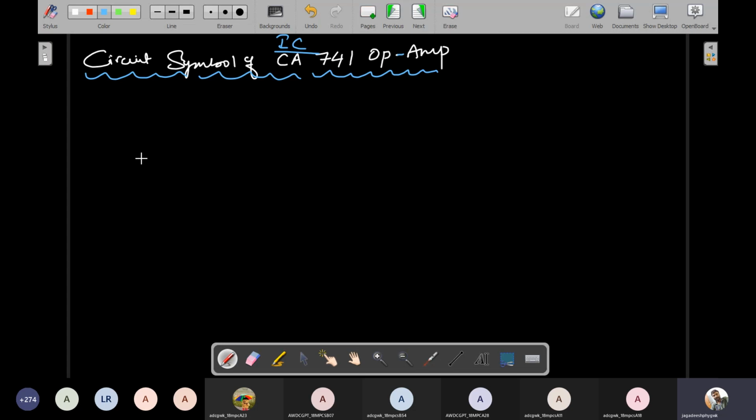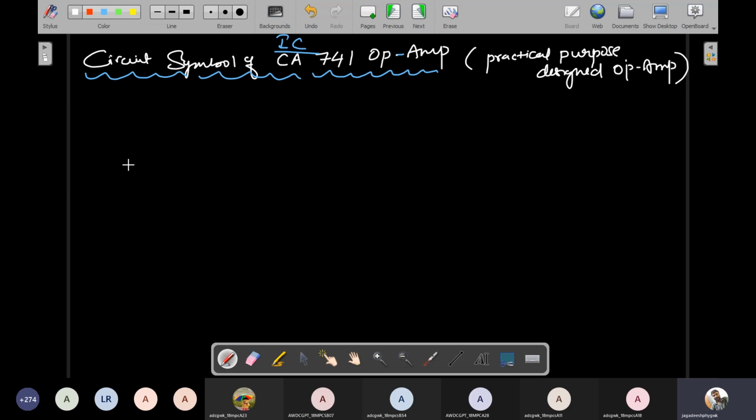Okay, right. The 741 op-amp is nothing but a practical op-amp. This is a practical purpose designed operational amplifier.